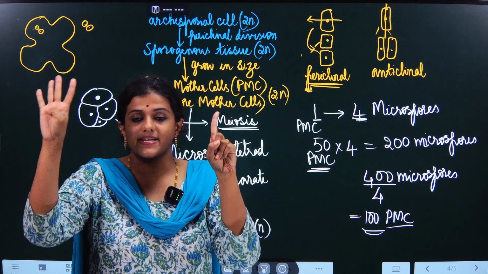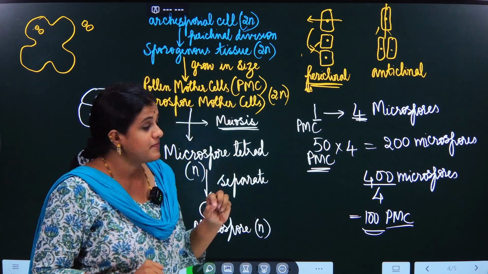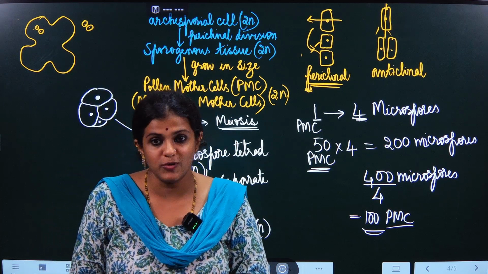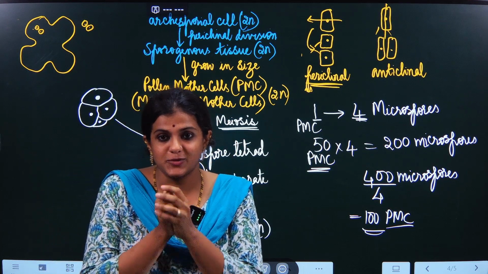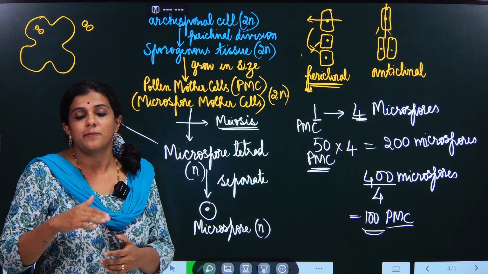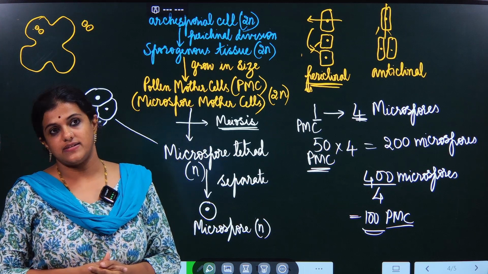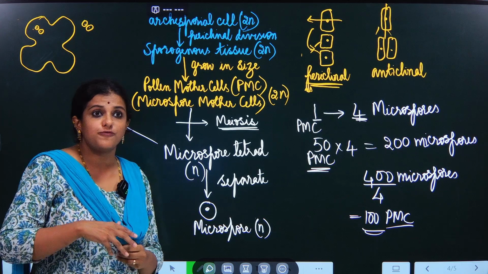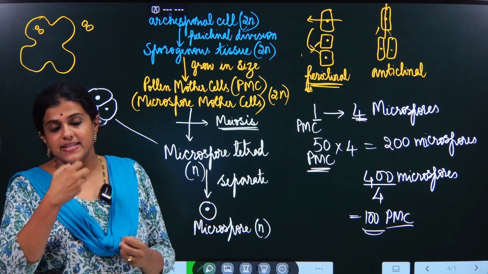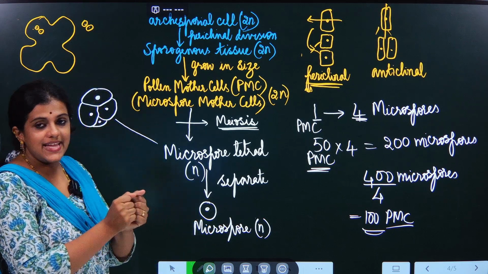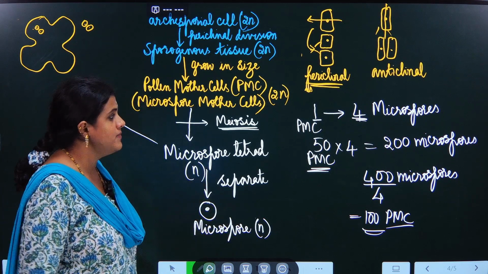Mother is diploid whereas daughters are haploid, and as they are the product of one single pollen mother cell, they are clustered together. As the anther matures and dehydration happens, there won't be much water left, so they separate to form microspores.